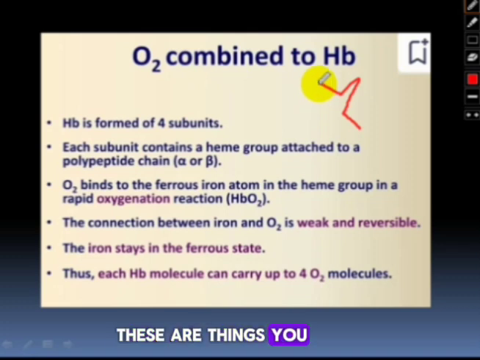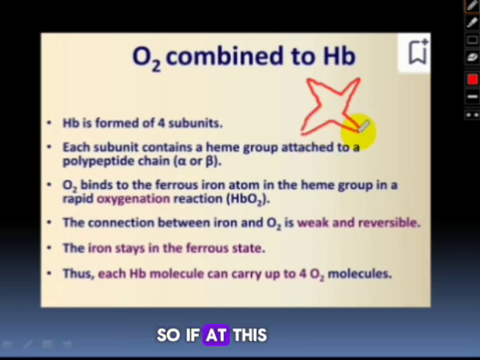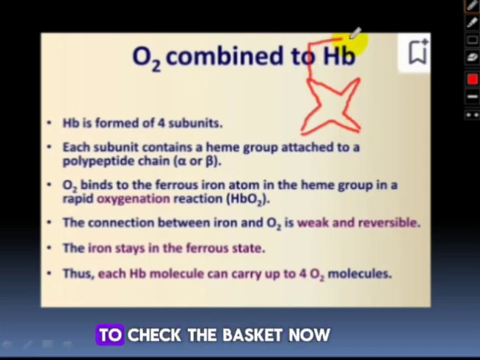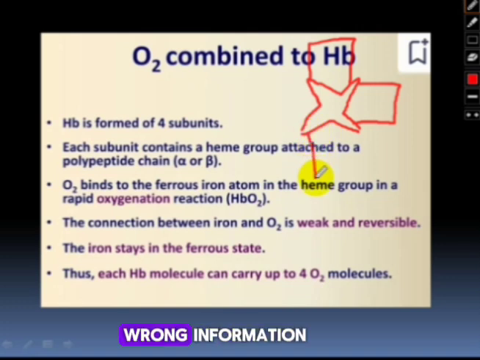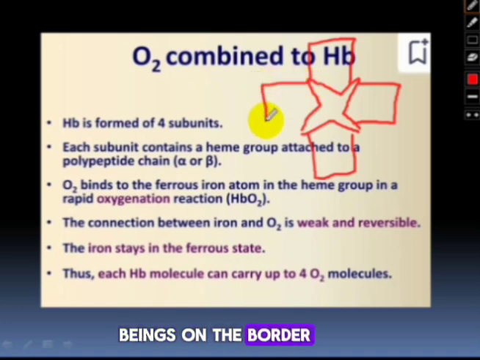These are things you have done in physiology, and you have also done them in biochemistry. So if at this point you don't know the structure of hemoglobin, it's better you begin to check the basket now. I'm just giving you a rough sketch of what the hemoglobin molecule looks like.